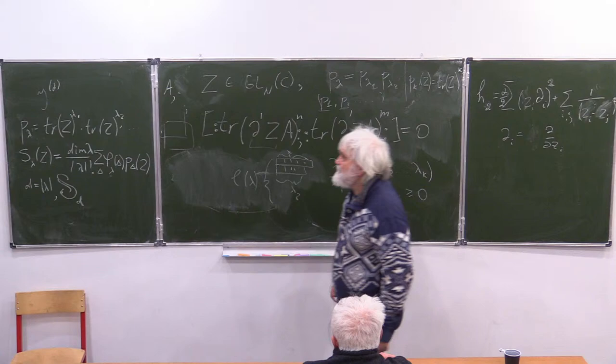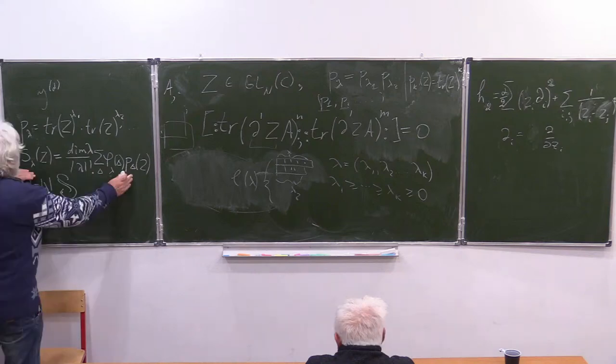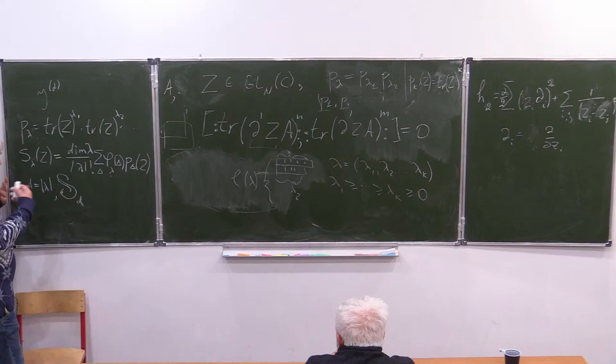No, I don't want to go into representation theory. The only thing I want to say is that there is a linear dependence between two bases, with some known coefficients. This is some integer which can be explicitly written down if we know the partition lambda.